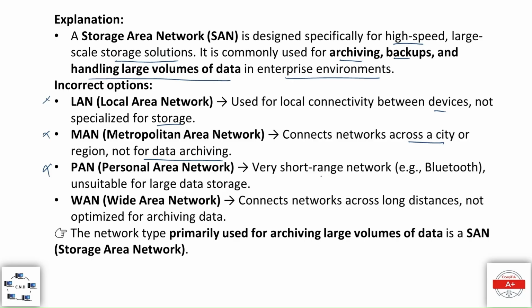It is a very short range network, such as Bluetooth, and it is unsuitable for large data storage, while WAN, wide area network, connects networks across long distances, but it is not optimized for archiving data. So the network type primarily used for archiving large volumes of data is a SAN, that is storage area network.